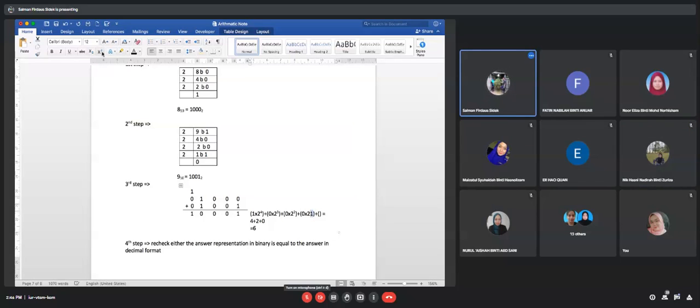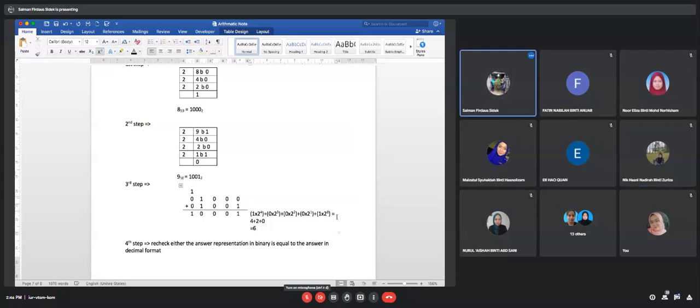And then the last one, 1 times 2 to the power of 0.